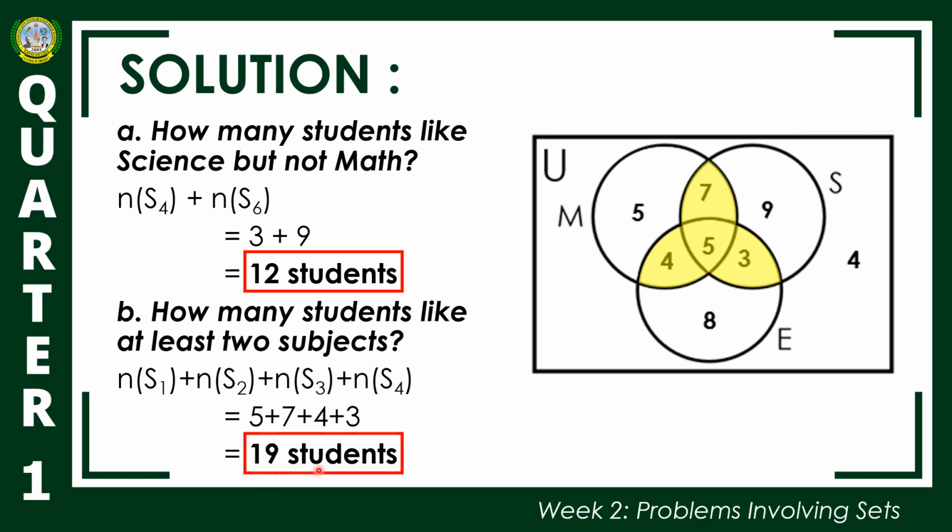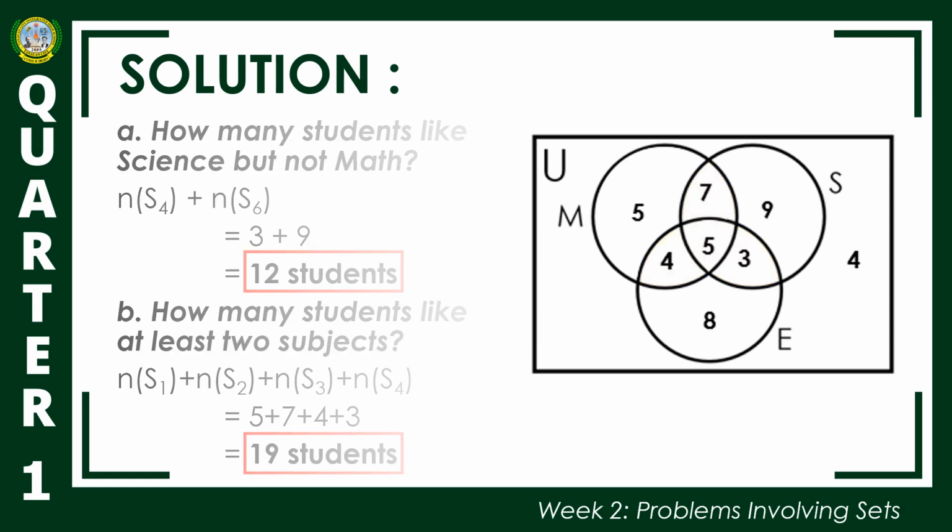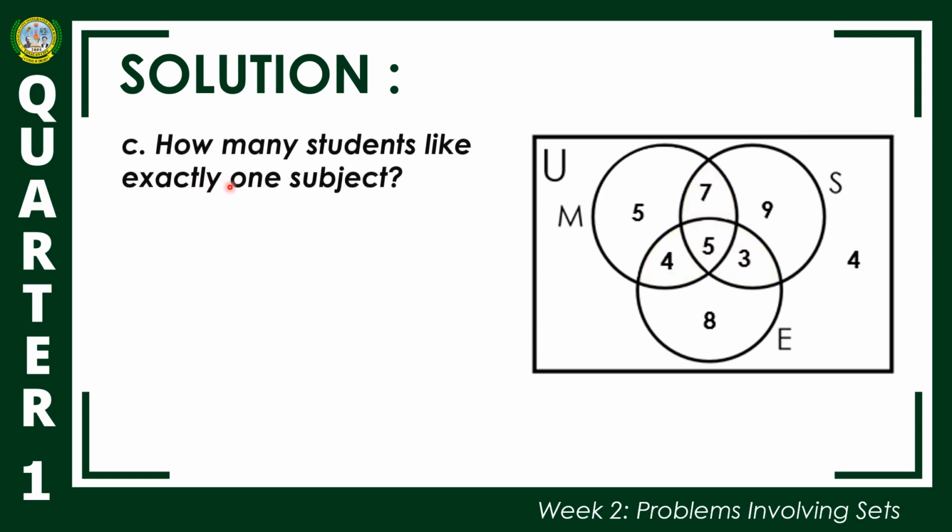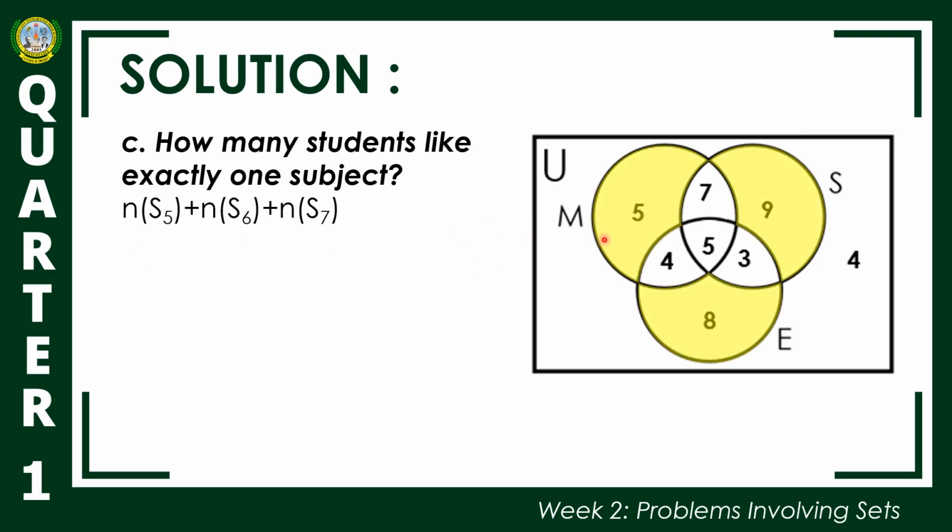There are 19 students who like at least 2 subjects. How many students like exactly 1 subject? So, ito naman po yung mga elements po in M only, S only, and E only. So, that is 5 plus 9 plus 8, which is equal to 22. There are 22 students who like exactly 1 subject.